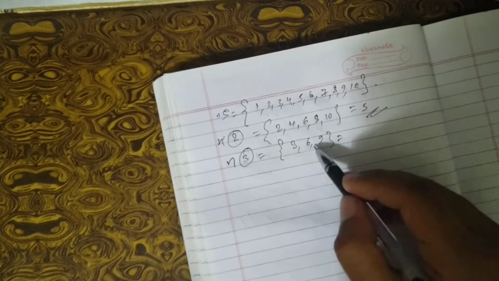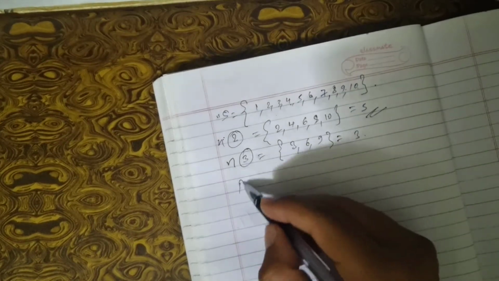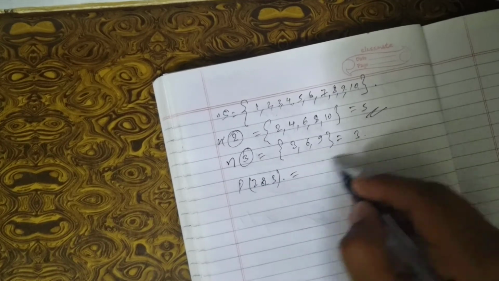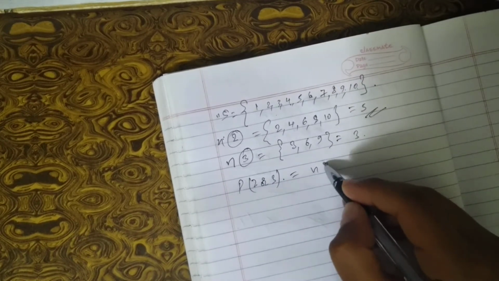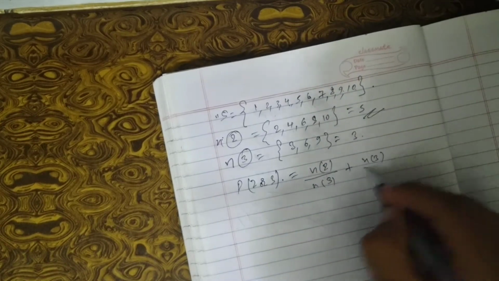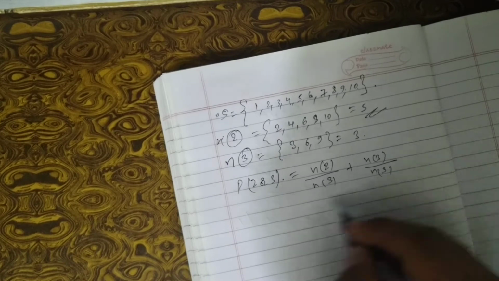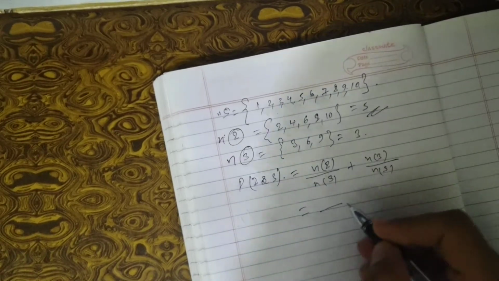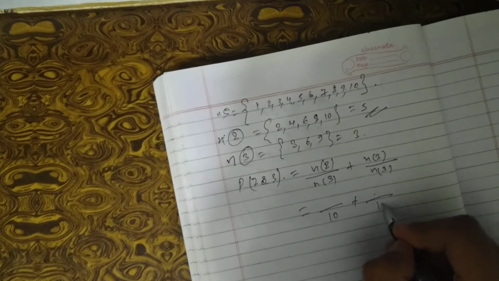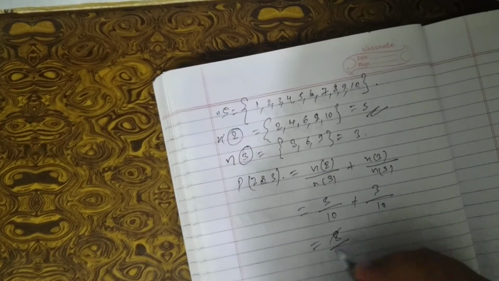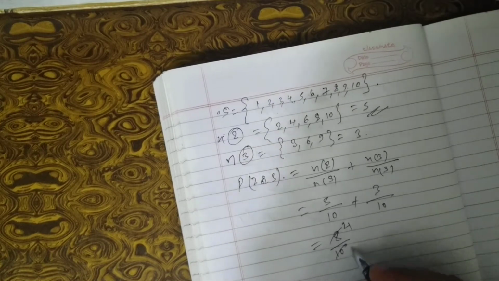So from here you get 3. Your probability of getting a multiple of 2 or 3 is n2 divided by ns plus n3 divided by ns. Your total number of samples is 10, so 5 plus 3 is 8, divided by 10.